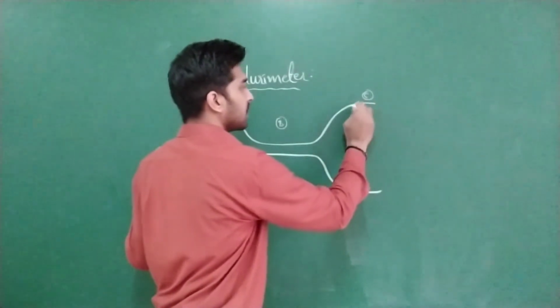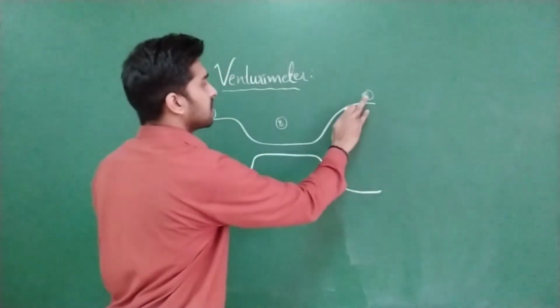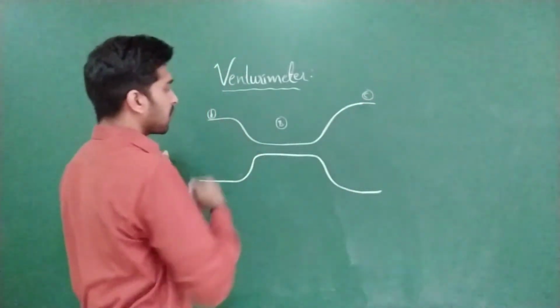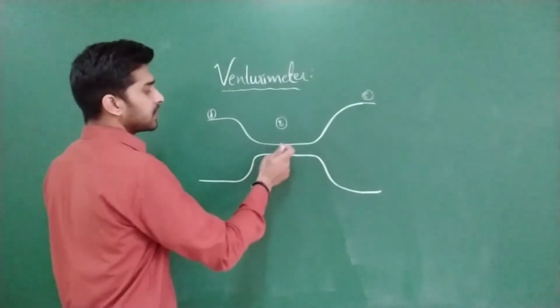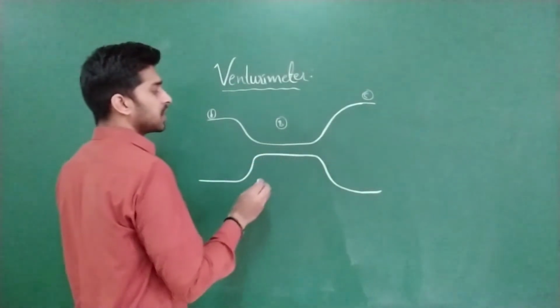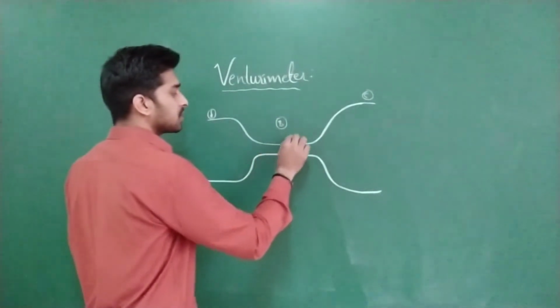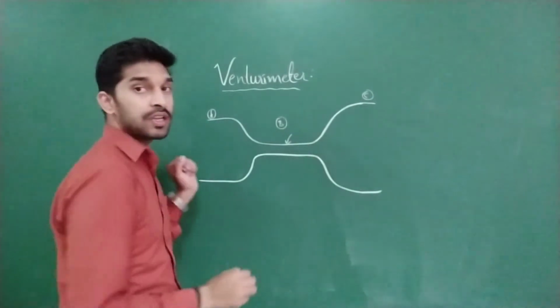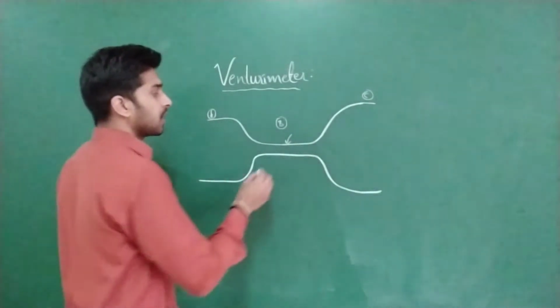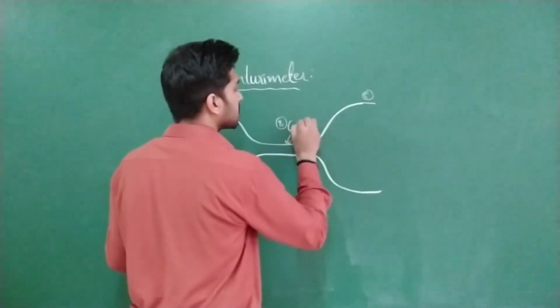And here, this part has a very small cross-sectional area. This is known as the constriction.